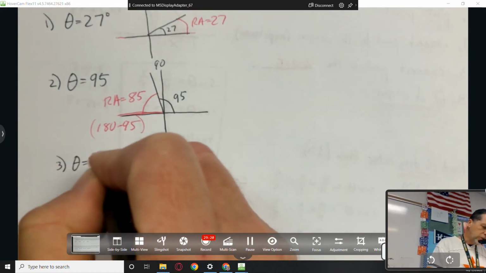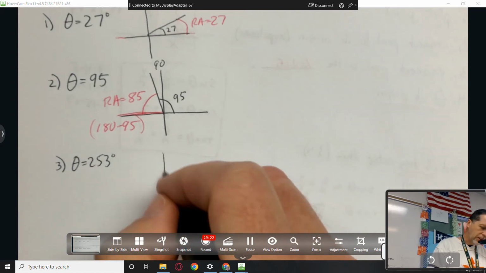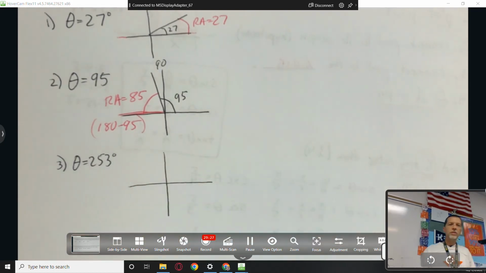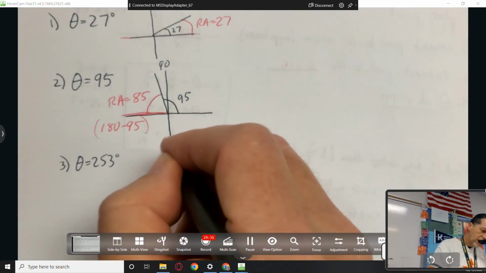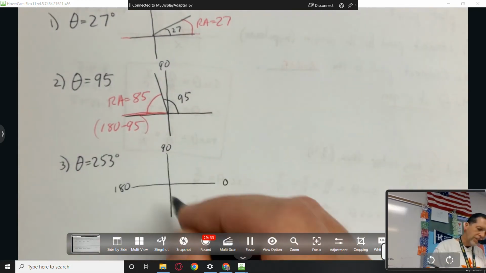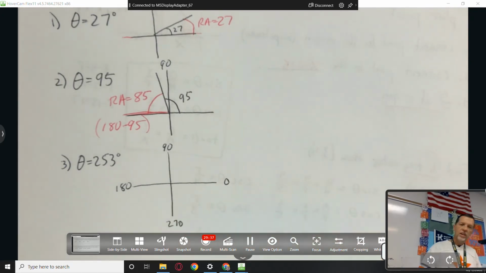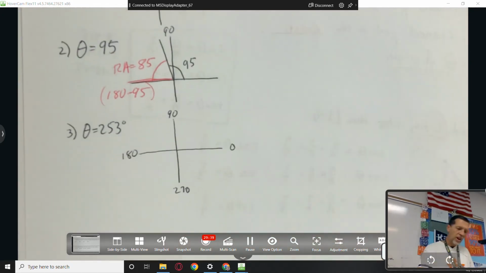Theta equals 253 degrees. Well, first would be, what quadrant does that land in? The third one, because what's this down marker here? 270. So 253 is a little shy of 270.